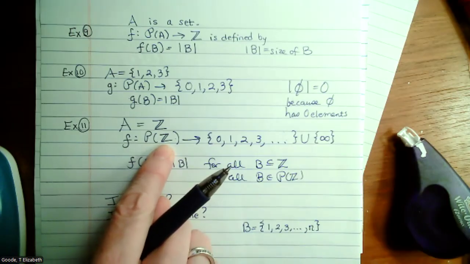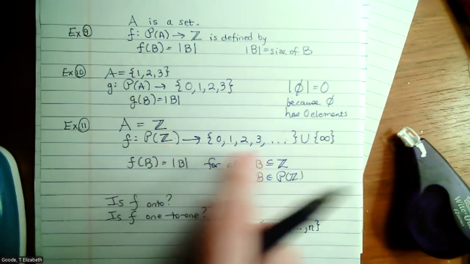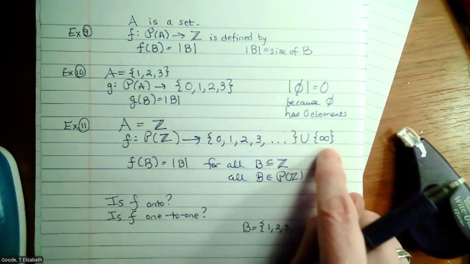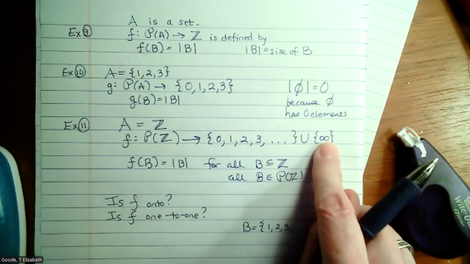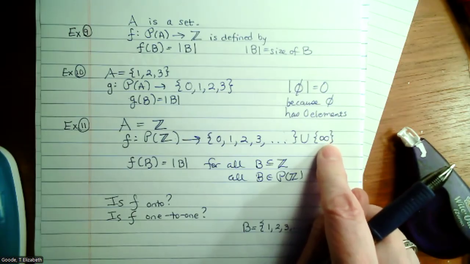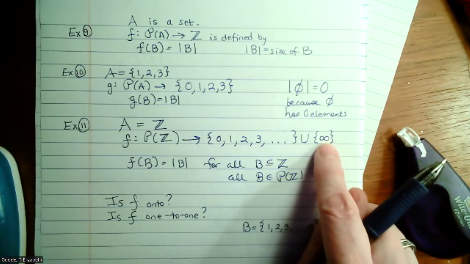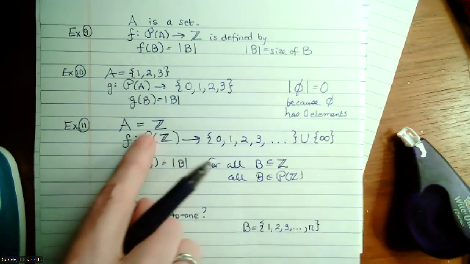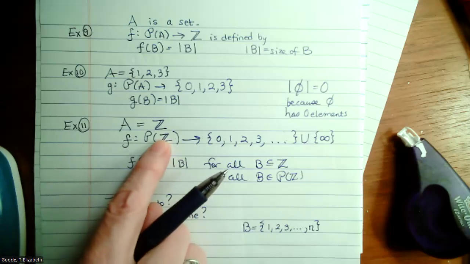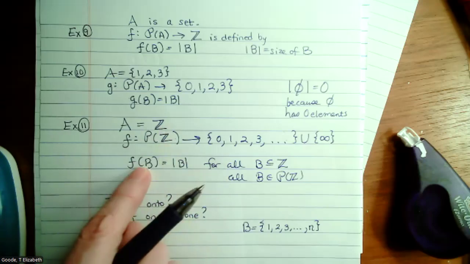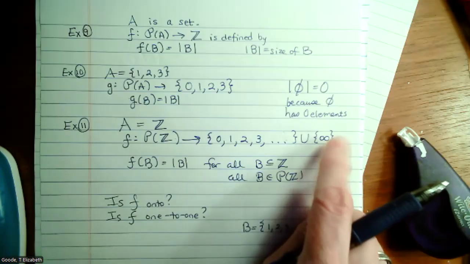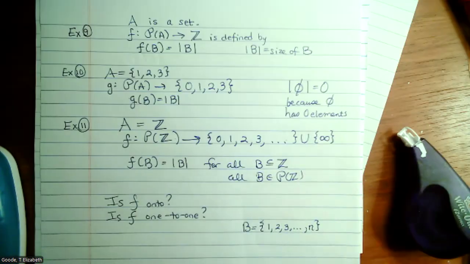And the size of that set isn't any finite number. We have to include this possibility as one of the codomain elements that we reserve for the subsets of Z, the B's that are infinite subsets. And we have to include that. Oh, you made me a little smarter tonight. Thank you.